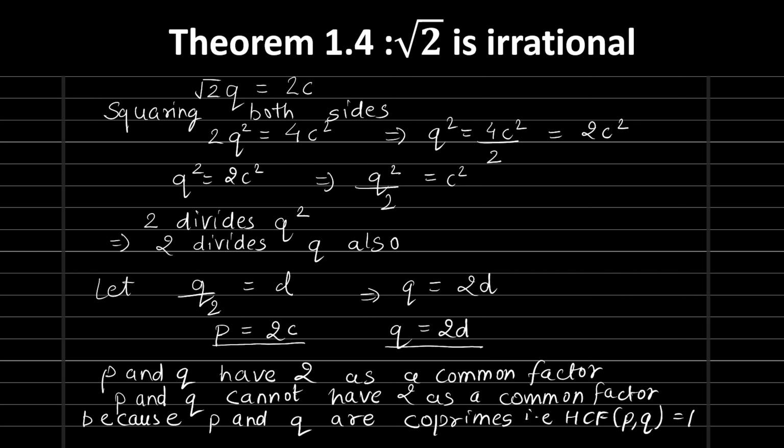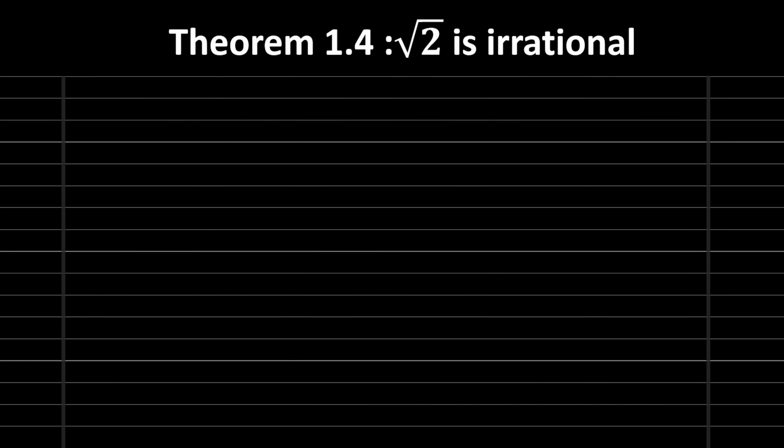Now here there is a contradiction, right? We assumed something and as a result we got something else. We got p and q have 2 as a common factor, but we assumed in the initial part that p and q are co-primes. Now this contradiction has arisen because of our wrong assumption. Because initially we assumed the wrong thing.